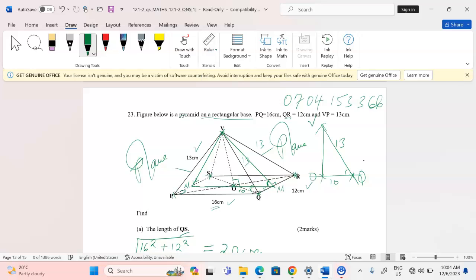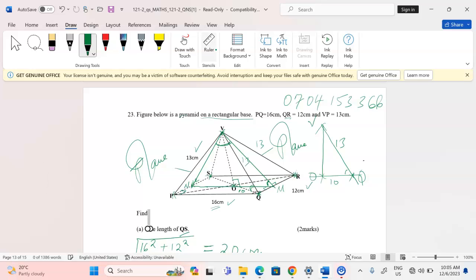Therefore, the angle between the two planes, VPS and VQR, is going to be at the top here. We draw those lines, VNM. So the angle NVM becomes the angle between the two planes.